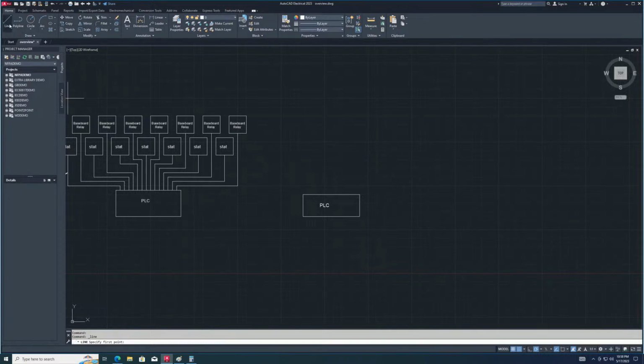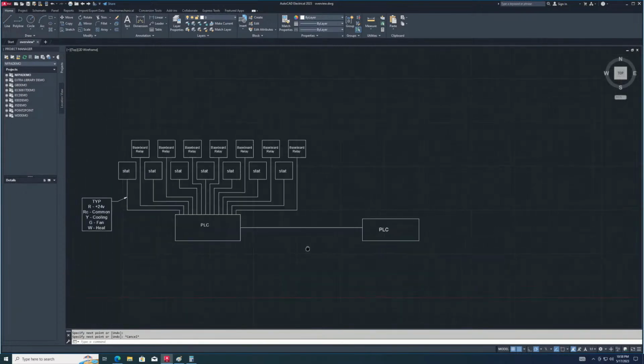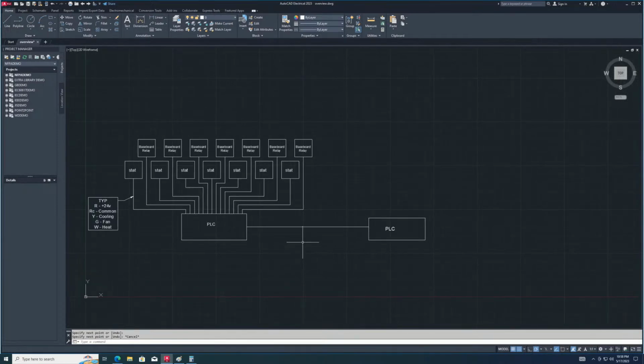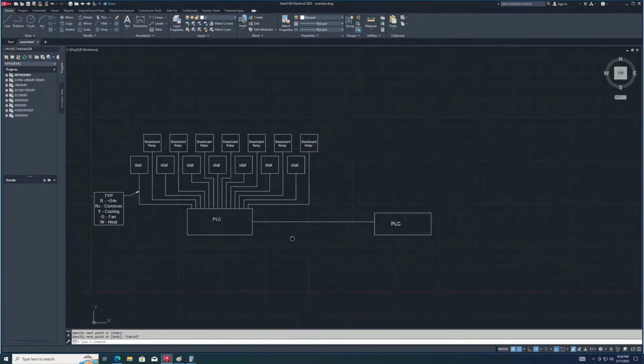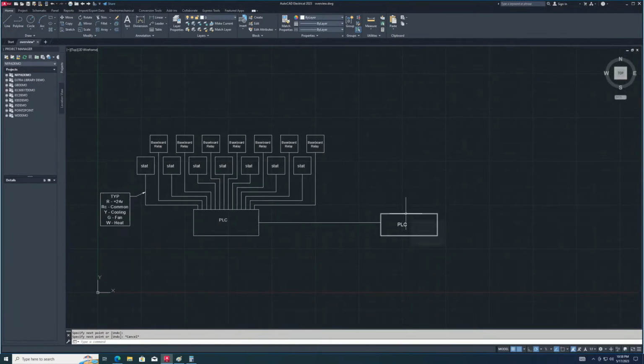I'll have a connection between the two. And this PLC will be connected to the HVAC.